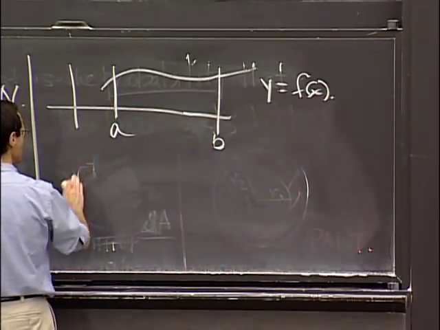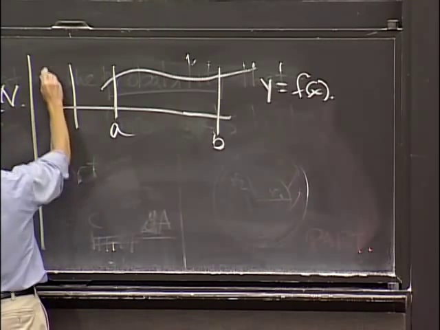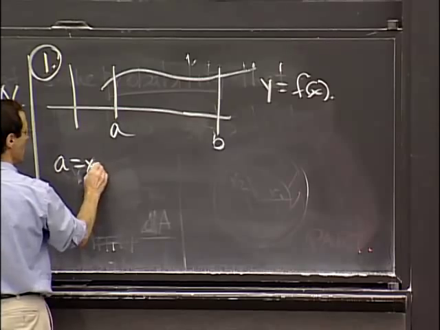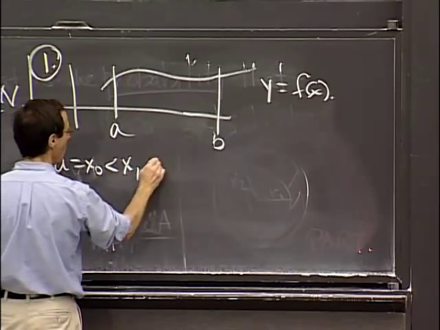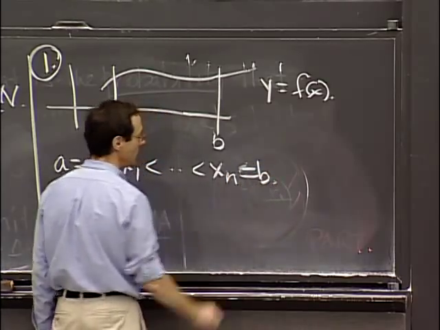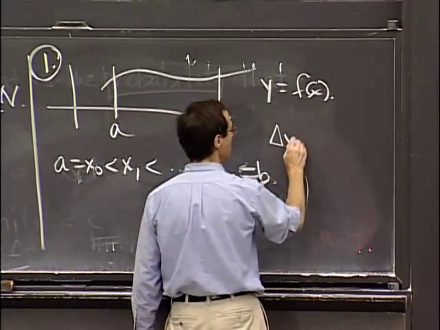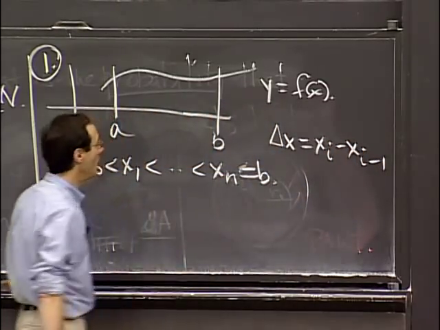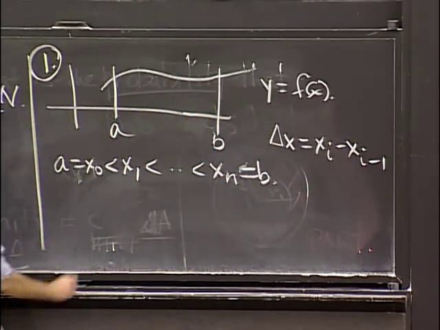And we split it up when we do Riemann sums. So this is 1. This is Riemann sums. We start out with A, which is a point we call x0, and then we go a certain distance. We go all the way over to B, and we subdivide this thing with these delta x's, which are the step sizes. All right?